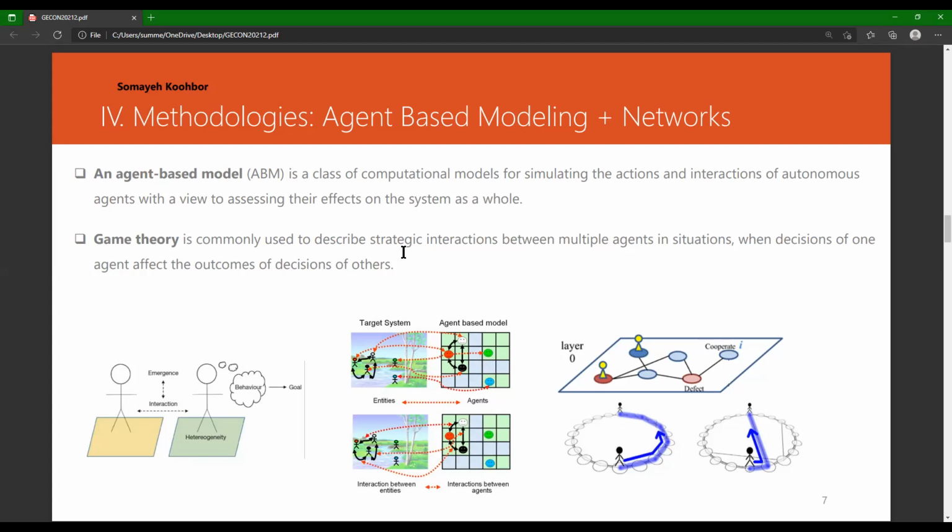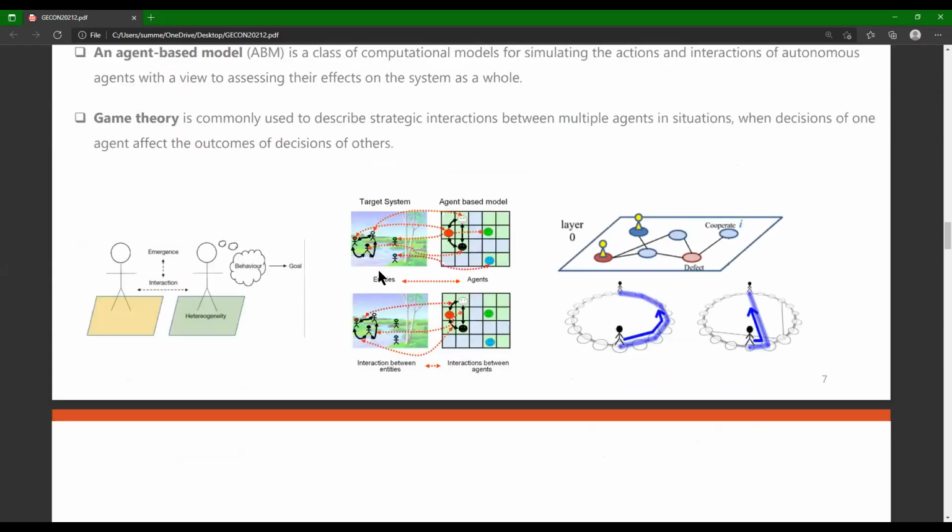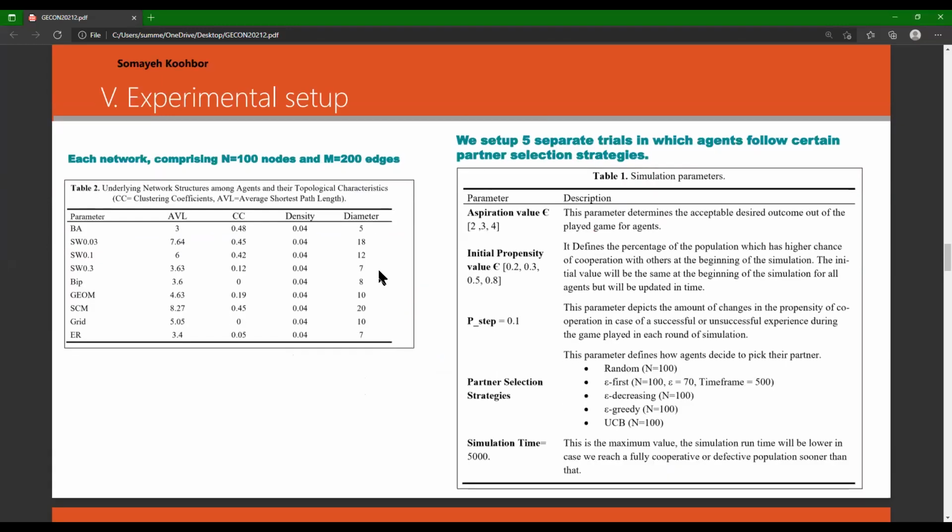And the last thing is the interaction, which I discussed, that we plan to use game theory, or the prisoner's dilemma, for this purpose. So in our simulation, we have 100 nodes with a fixed number of edges between them, 200 edges. We have 9 different network topologies.